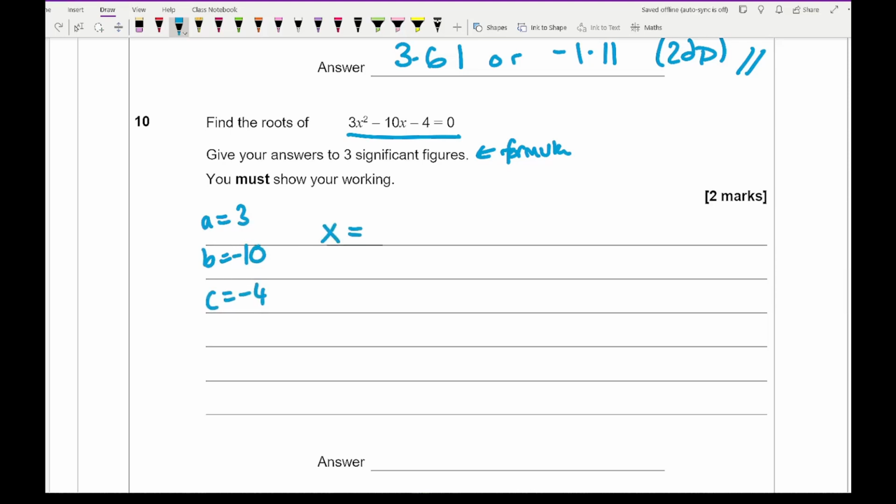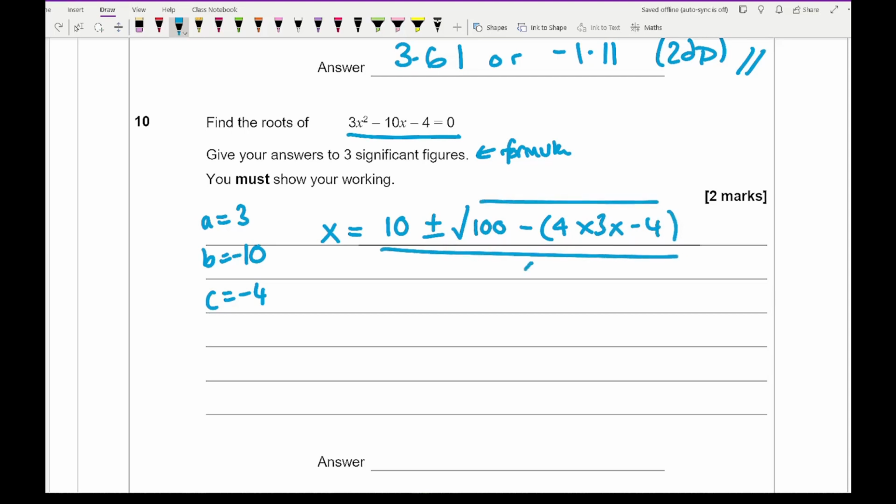So then substituting that all into the formula, I get minus 10, which is positive 10, plus minus 10 squared is 100, minus 4 times 3 times minus 4, all divided by 2 times a, which is 6.